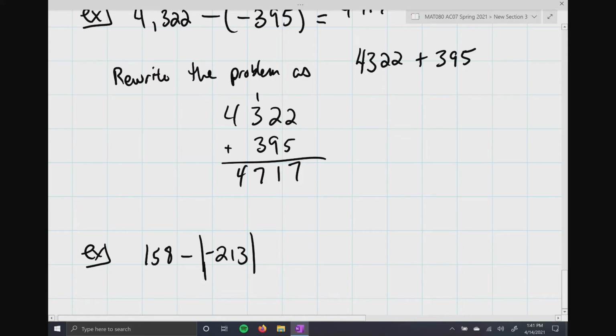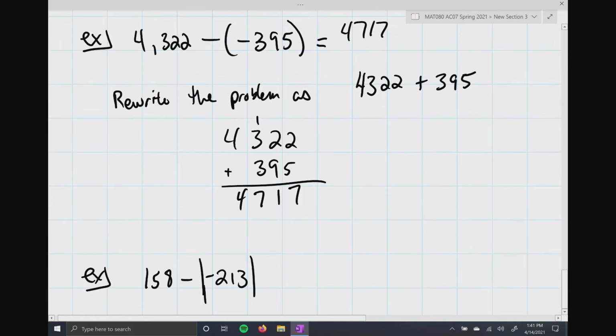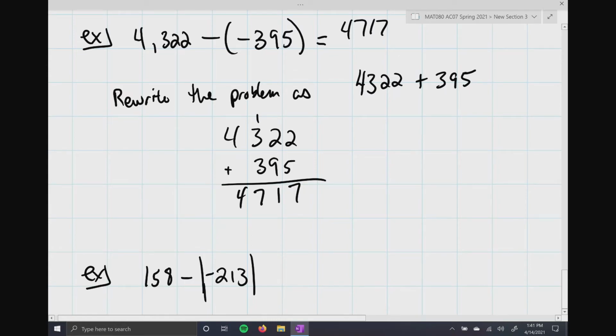Are these two problems on the board right now, are they the same type of problem? Be careful. No, I'm going to use a different rule for this second one.